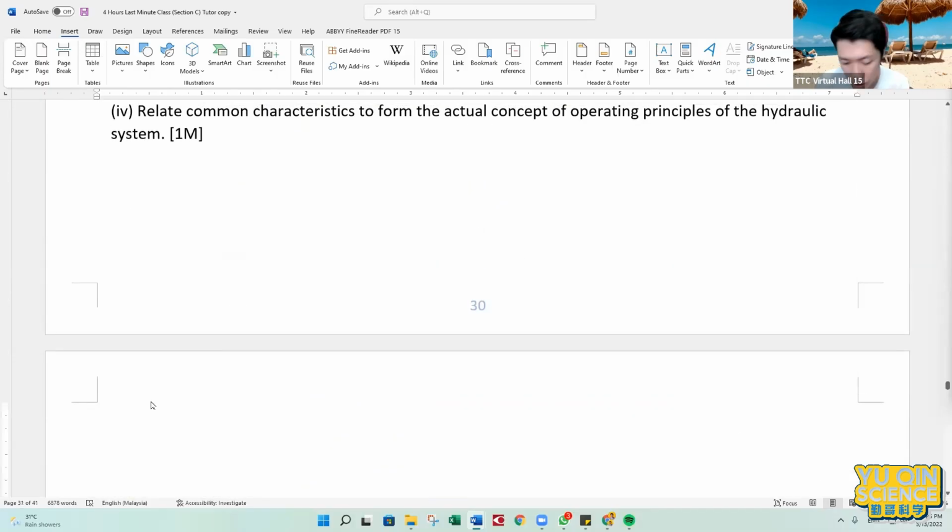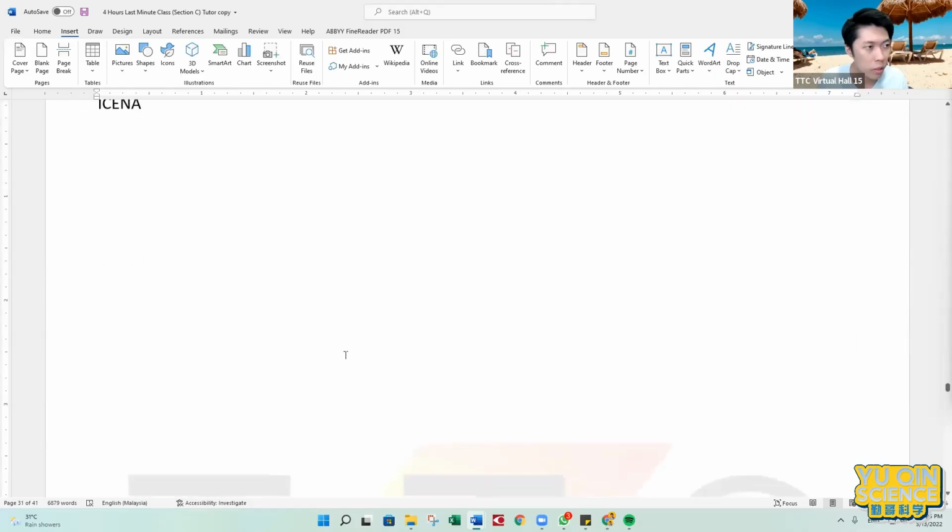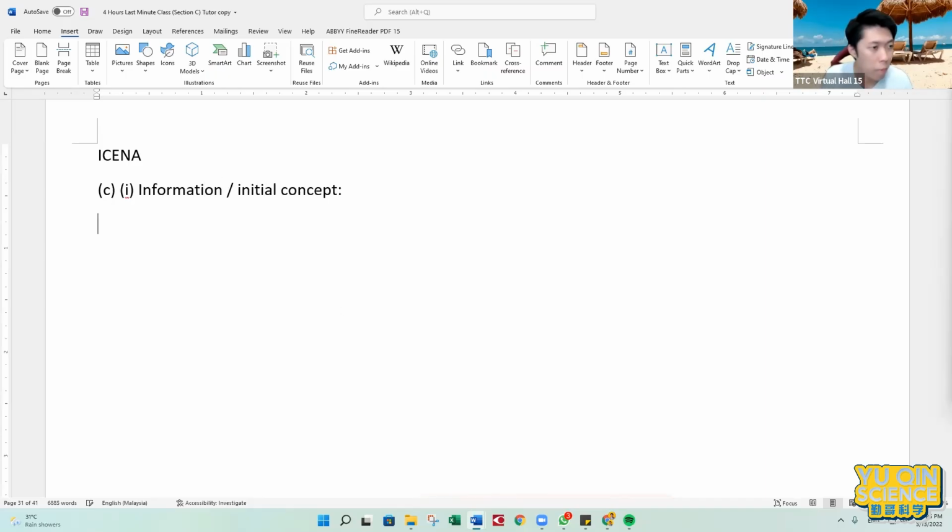So I'm just going to jump straight to C. I call that ISNA. Okay, what does that mean? Let's help you to memorize that. So what stands for I? This is C1, right? I'm just going to write 1, 2, 3, 4, 5. So I stands for information or initial concept.